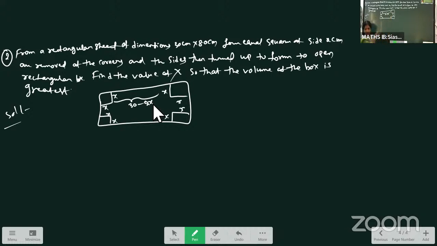And the breadth, 80 centimeters is given, so what can we take here? 80 minus 2x. So the left out part is 80 minus 2x in one direction, and 30 minus 2x in the other.